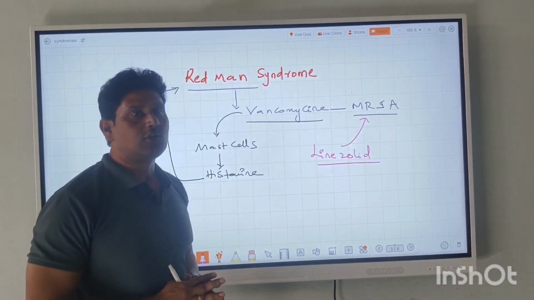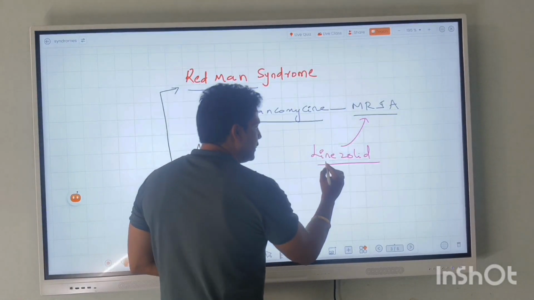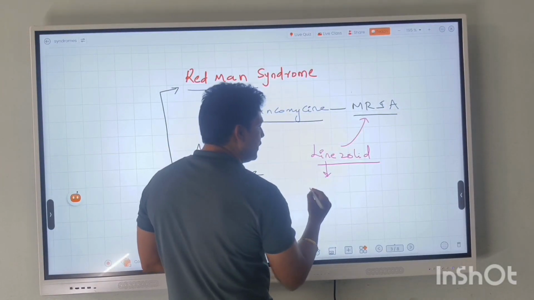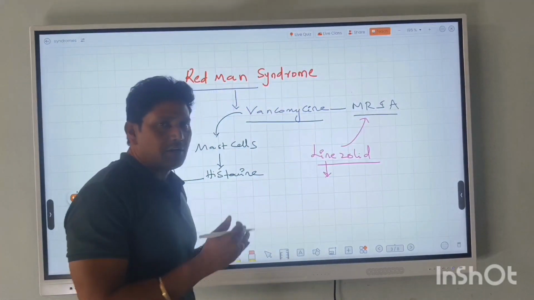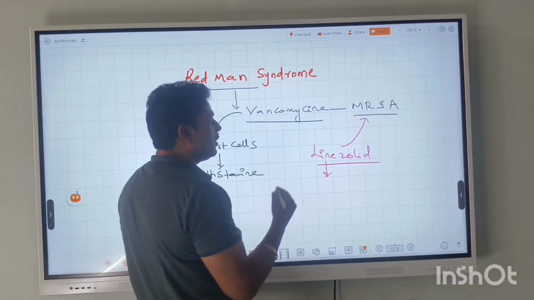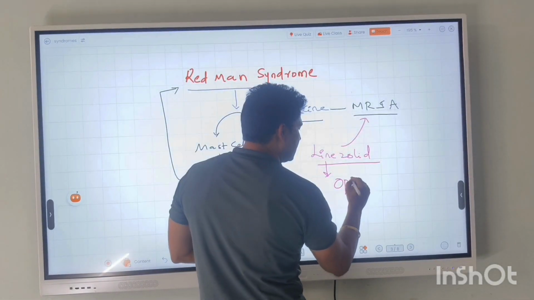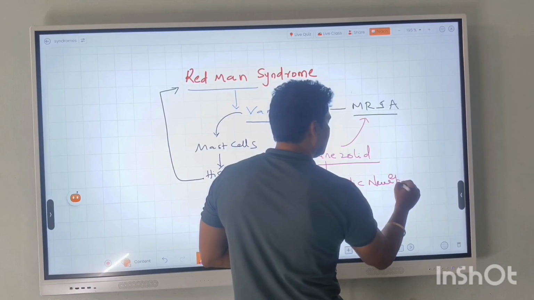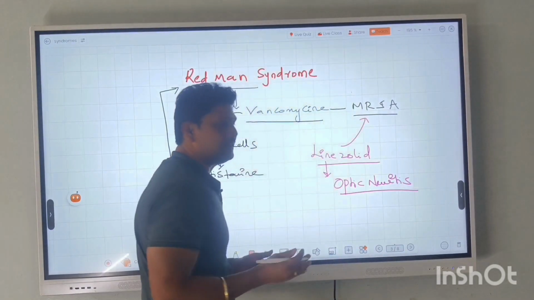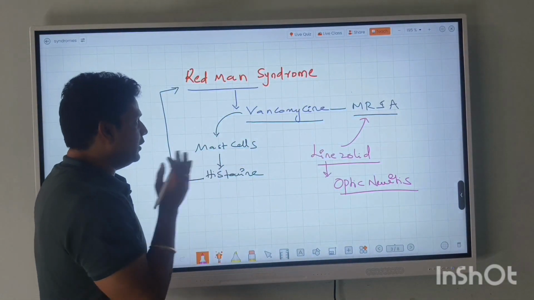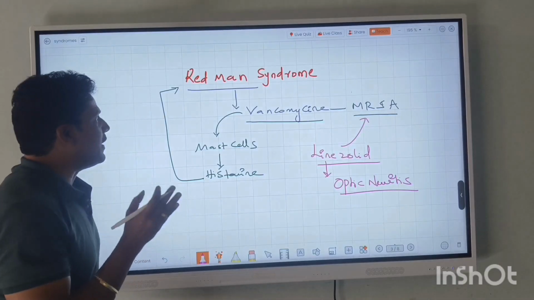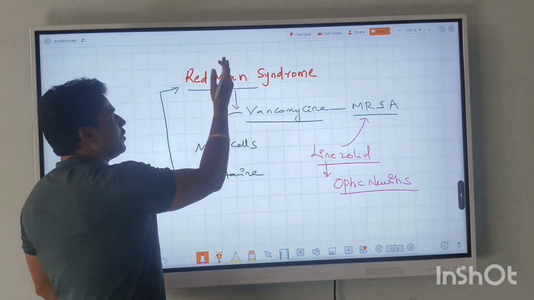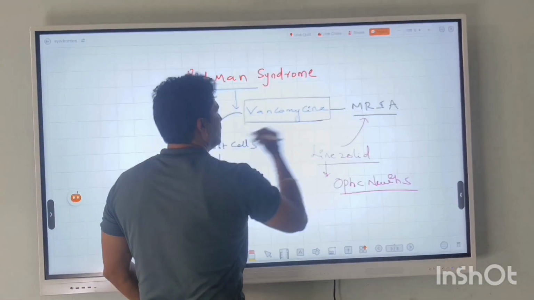But linezolid also has one disadvantage. The drawback of linezolid is the chronic or regular usage of linezolid causes optic neuritis. Optic neuritis or blindness caused by linezolid. So this is about Redman syndrome, the Redman syndrome caused by vancomycin.